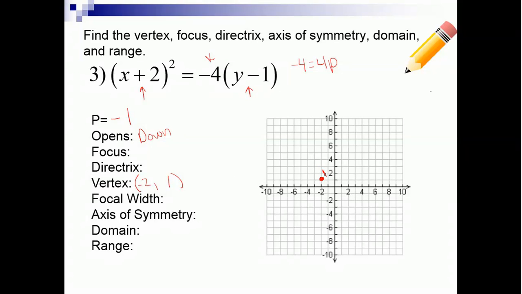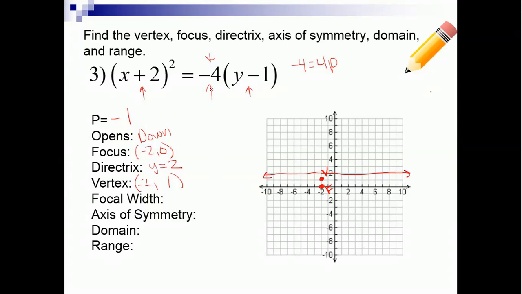Oh, almost forgot, put my V. So my focus is going to be right here, down from my vertex. So let's put a big F there. So that would be the point negative 2, 0. My directrix then is going to be the line going right here. It's 1 away from the vertex, so that's going to be y equals 2.